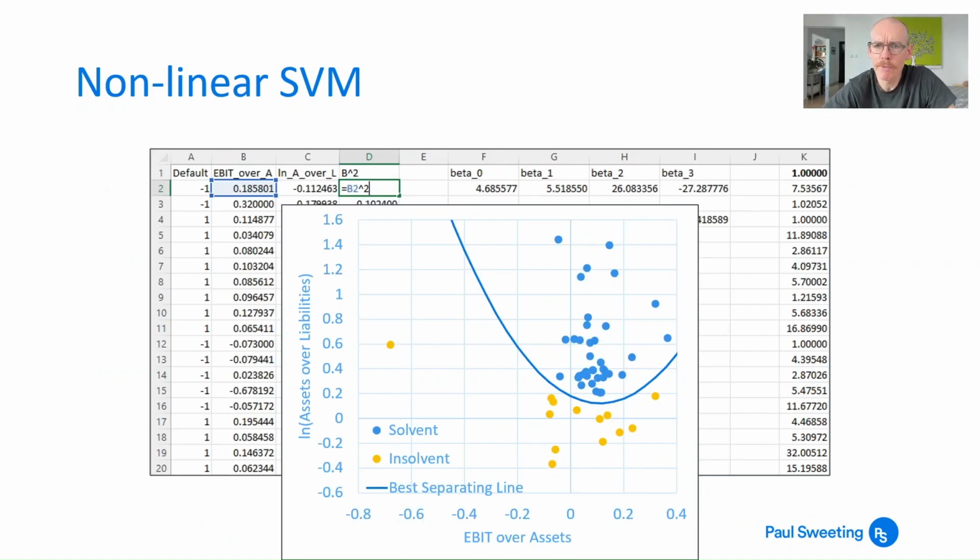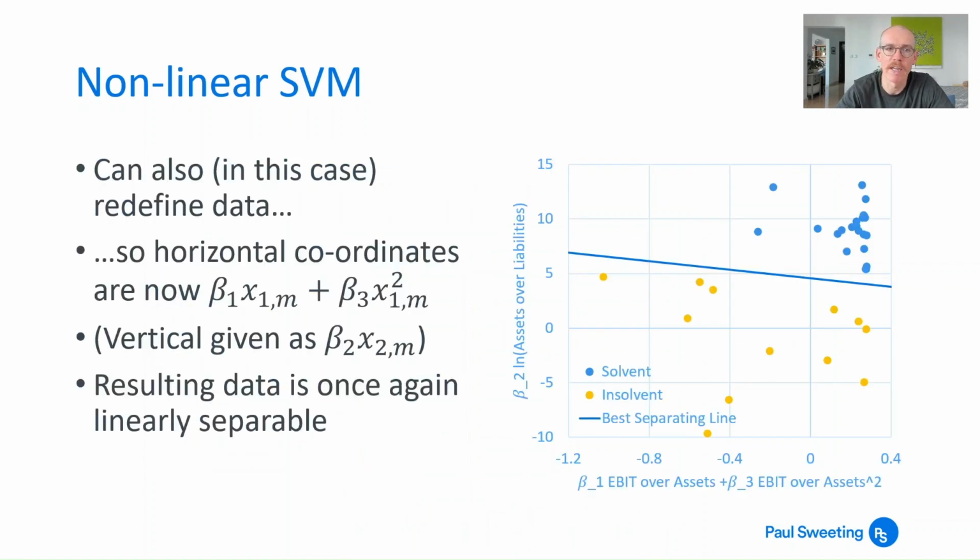If we look at that expression that we had before, this is what that parabola looks like. You can see here that we do have two-dimensional separated data, but with a parabola, so non-linear, rather than a straight line. It's also worth noting that if we redefine our data, so on the horizontal axis, instead of just having EBIT over assets, we have beta 1 EBIT over assets plus beta 3 EBIT over assets squared, it takes us back to a case where it's linearly separable again.